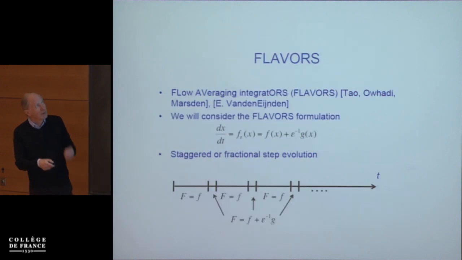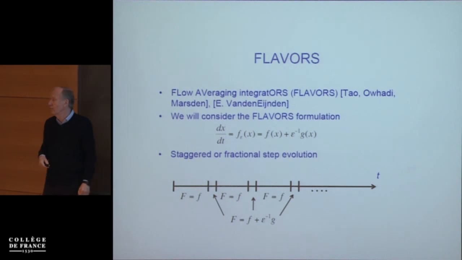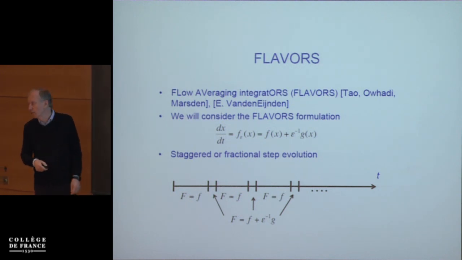That was done by Marston and company first, and then Van der Eyden and company worked on the idea. So the idea is that you take a long step where the part of the forcing that is not depending on epsilon directly is there, and then you take a short step where you take the full function, including the slow and the fast part, just the slow, the fast, etc.